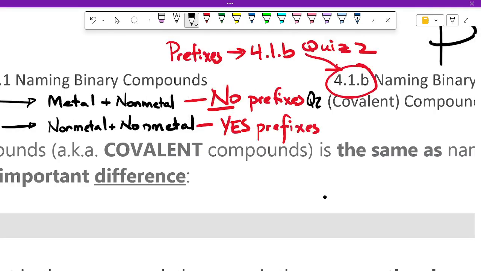Okay, so this was quiz 1. This is quiz 2. So for quiz 1, no prefixes. For quiz 2, prefixes. And then next week for quiz 3, we're going to mix them together so you have to tell what kind you have. I know.